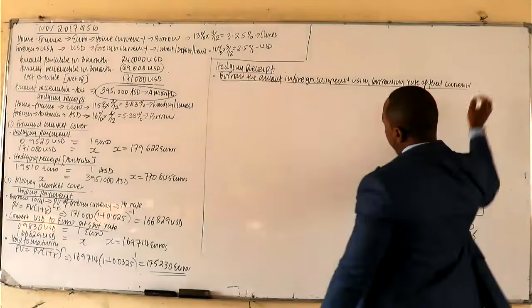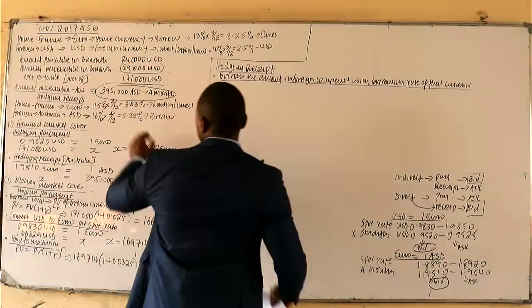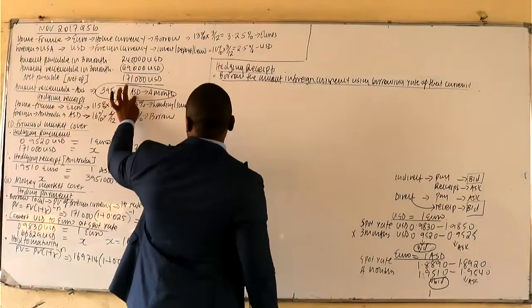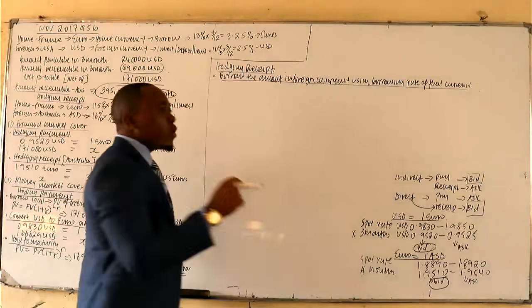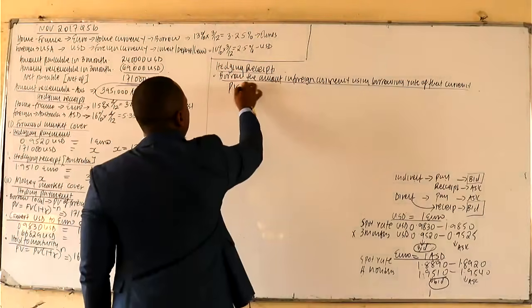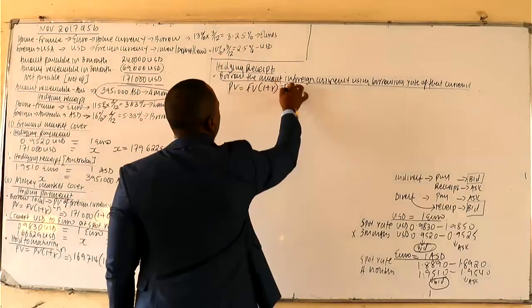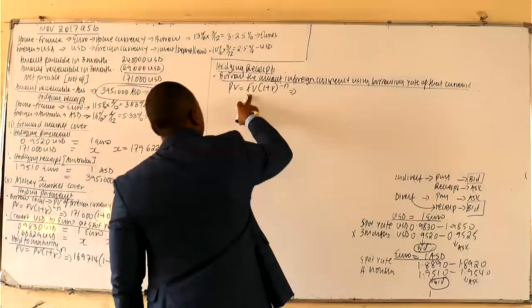Remember, the amount we need to receive is 395,000 Australian dollars. If you have to borrow now, how much is its present value? So you determine the present value. Present value will take future value, 1 plus r raised to power negative n. The future value, the amount you expect to receive, is 395,000.